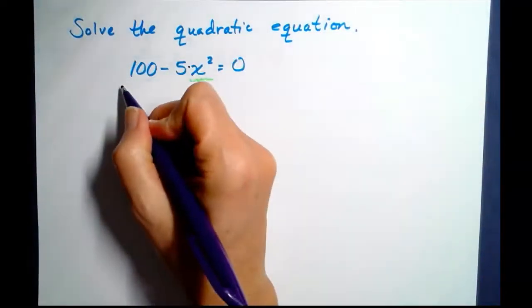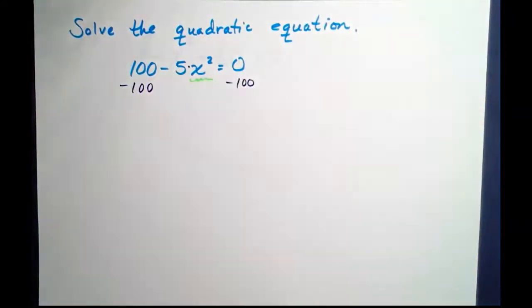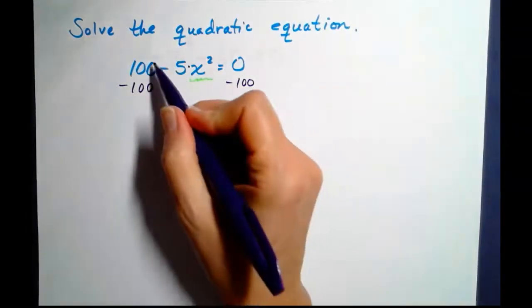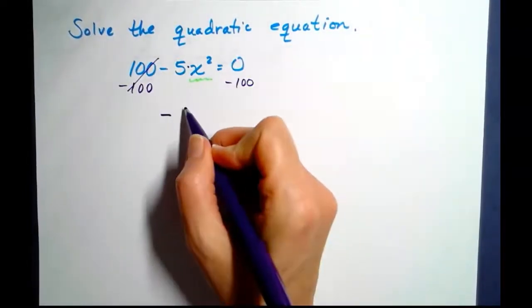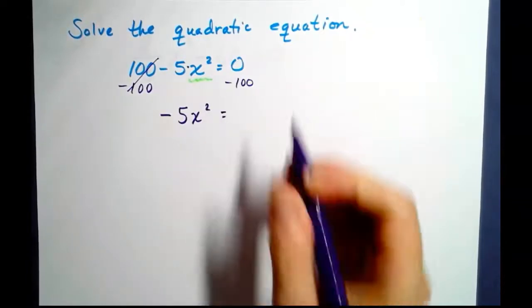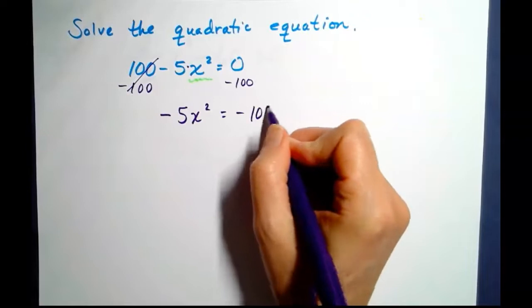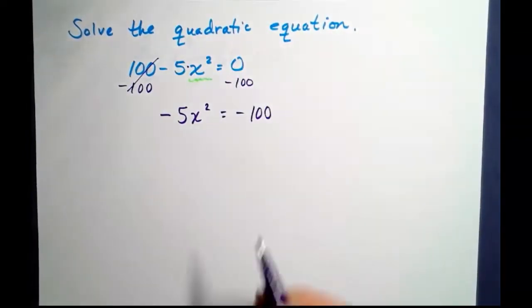So we're going to use the inverse operation of subtraction, and we are going to subtract 100 from both sides. Keep your equal signs lined up, work down the page. Hundreds cancel. Remember to keep that sign. What do we have left on the left? Negative 5x squared equals negative 100. 0 minus 100 is negative 100.